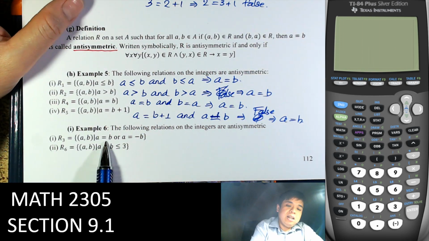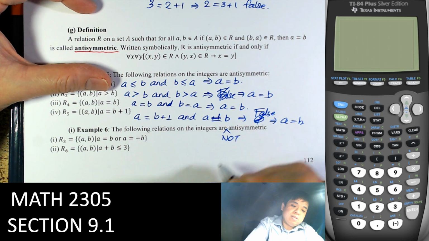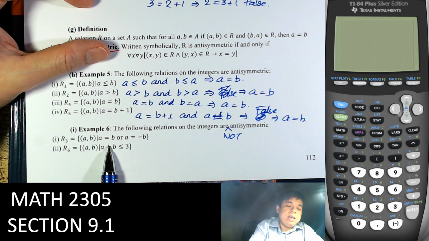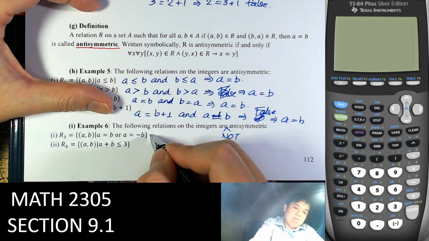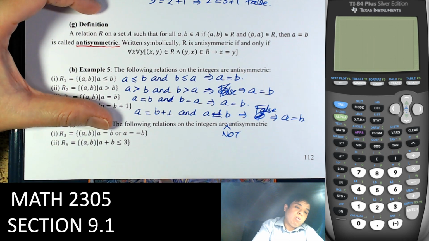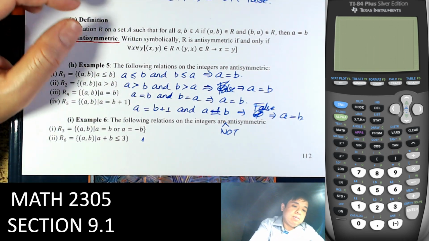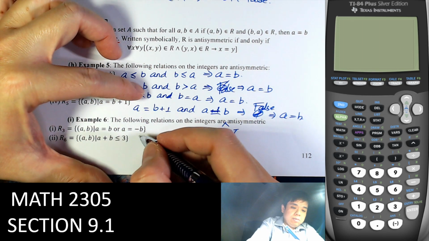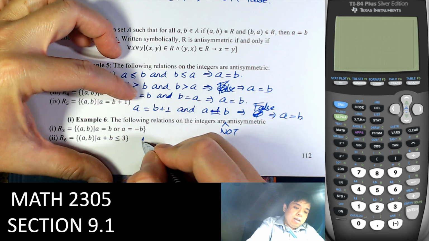Right, next, the following not. I forgot not. If A equals B, then B equals A, but A equals negative B and B equals negative A is not equal to B, so that's not the case. Same thing, A plus B less than or equal to 3.